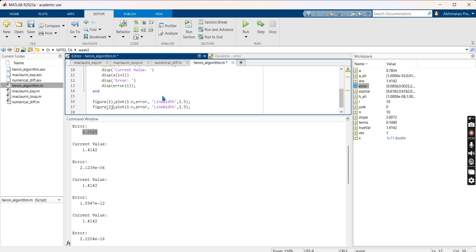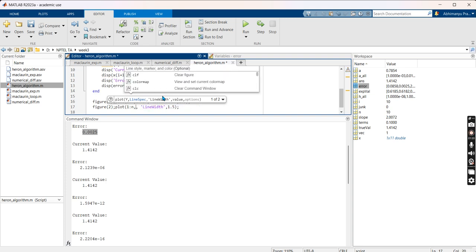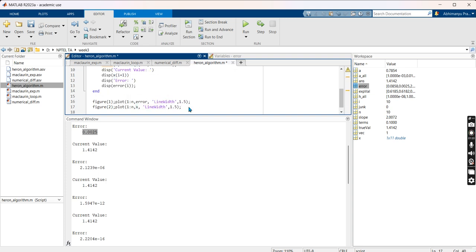I will plot my current value on this, so this will be my x.